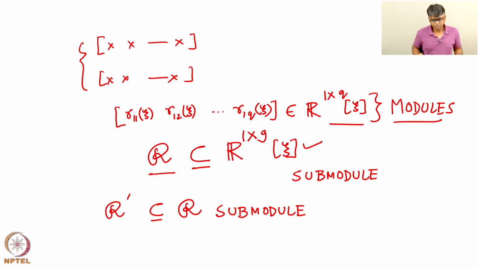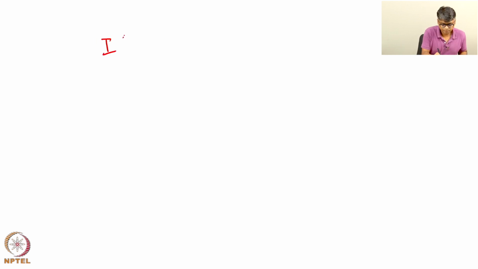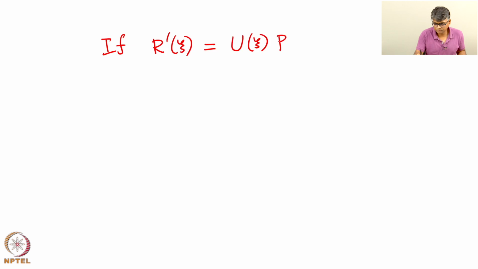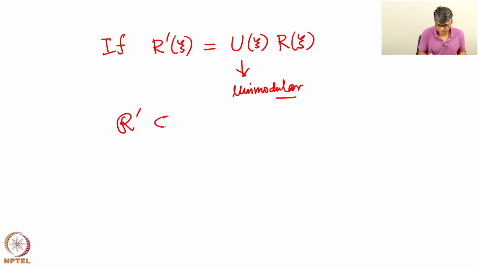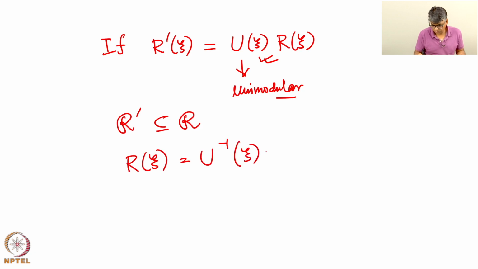Now, you see, if F were unimodular, if R'(ξ) were equal to U(ξ) times R(ξ), where this guy is unimodular, then obviously R' is contained in R, but because it is unimodular, I also have R(ξ) equal to a polynomial matrix U inverse(ξ) times R'(ξ), right, exactly the same relation.